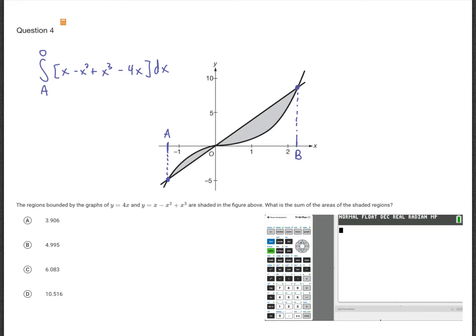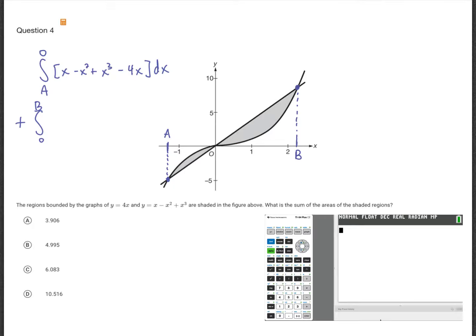So that'll be the area of the left one. And whatever we get for that, we'll add the area from 0 to b. That's this interval from this shaded area.